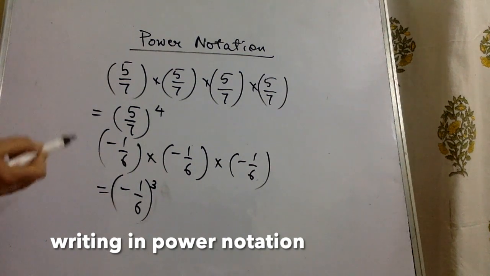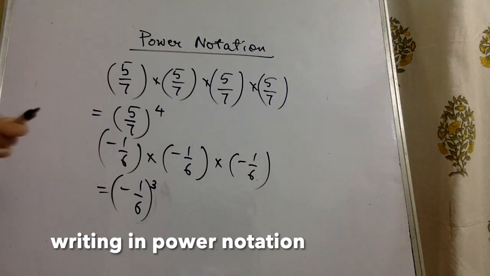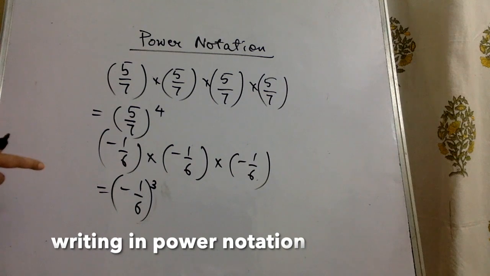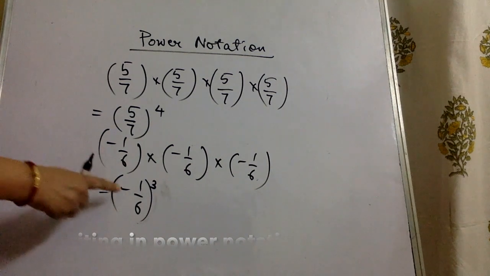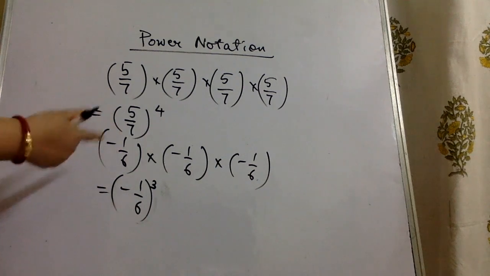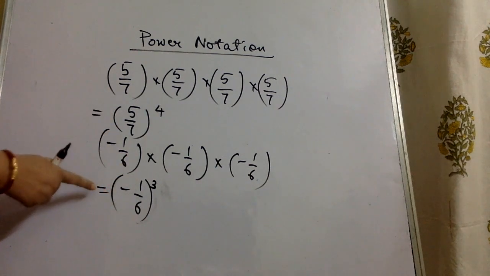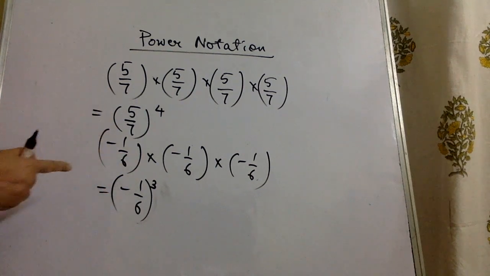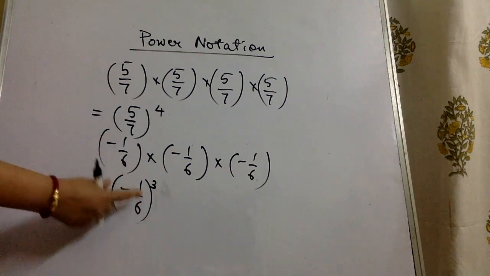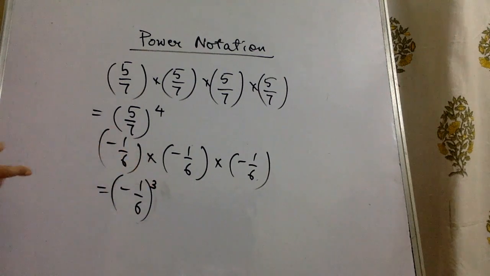So there's a big difference between a sum when the minus sign is inside the bracket and when the minus sign is outside. If you have the minus inside, then the minus is also getting repeated 3 times. But if you have the minus outside, then the minus is not repeated 3 times. It remains once, and the rest of the number inside the bracket gets repeated thrice.